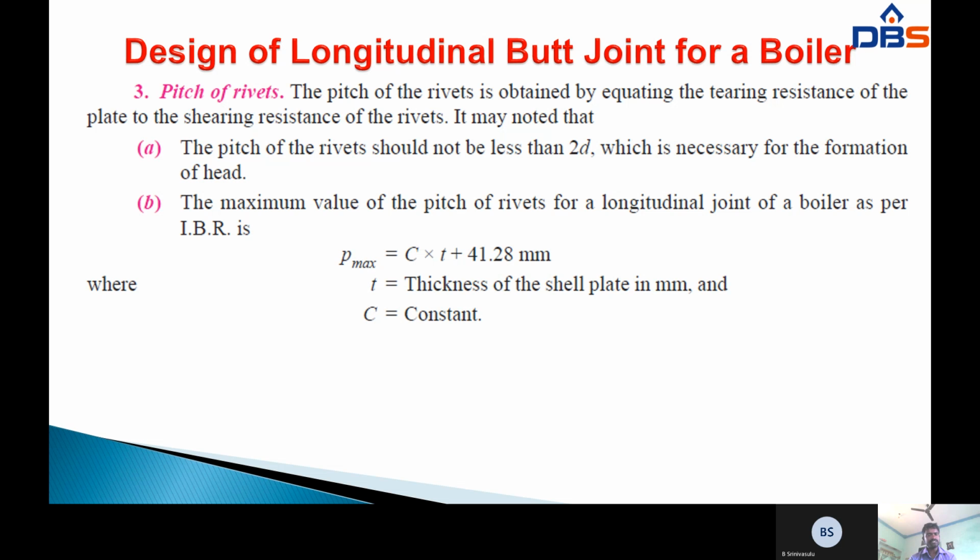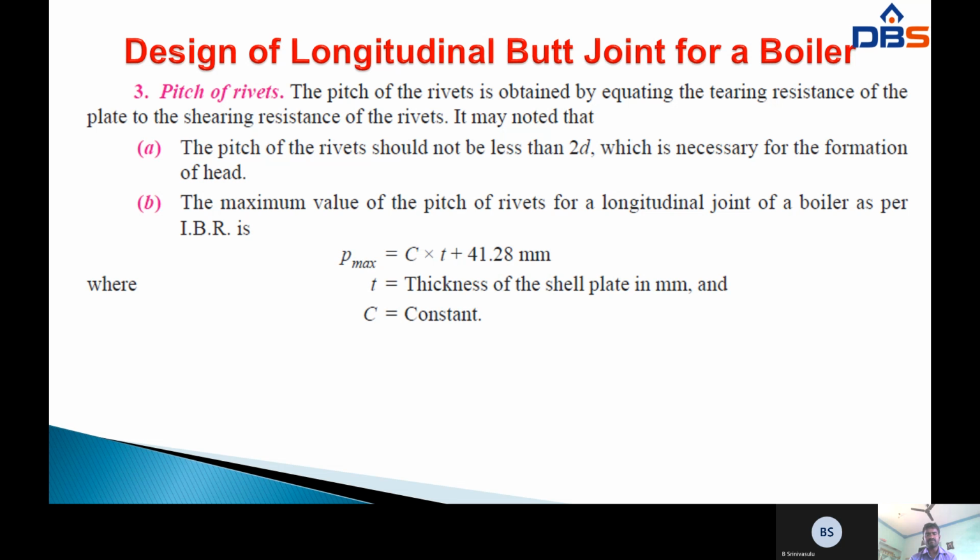Third point, the pitch of rivets. The pitch of rivets is obtained by equating the tearing resistance of the plate to the shearing resistance of the rivets. It may be noted that, first, the pitch of the rivets should not be less than 2d, which is necessary for the formation of the head.